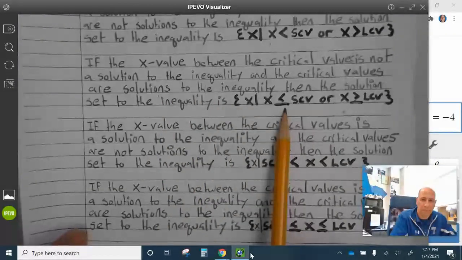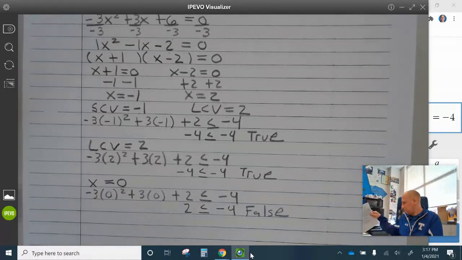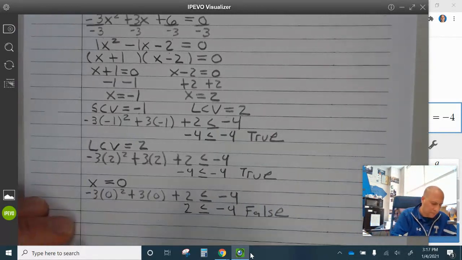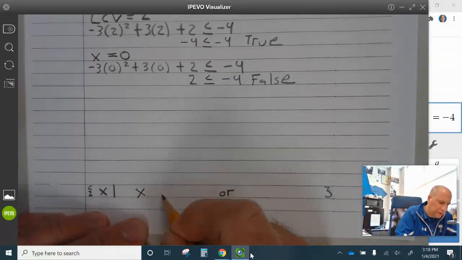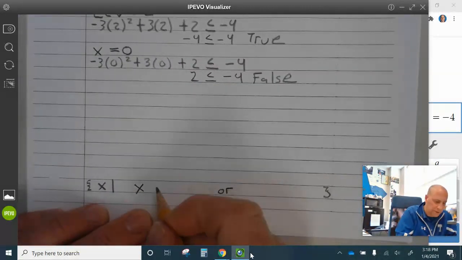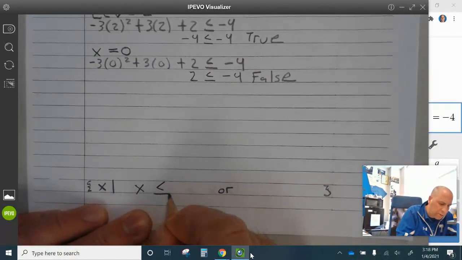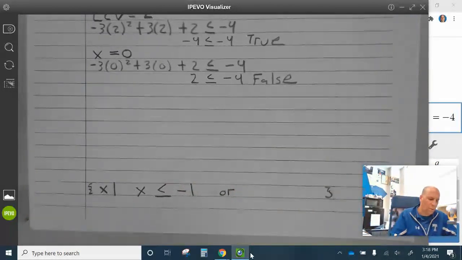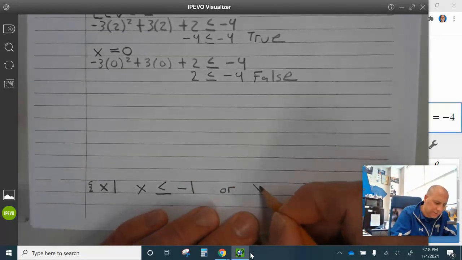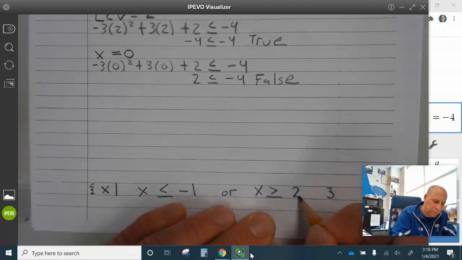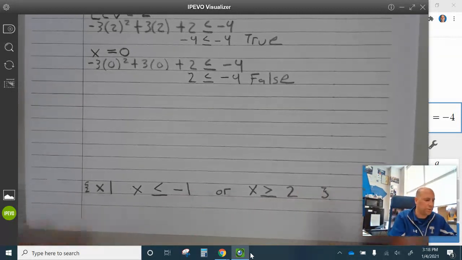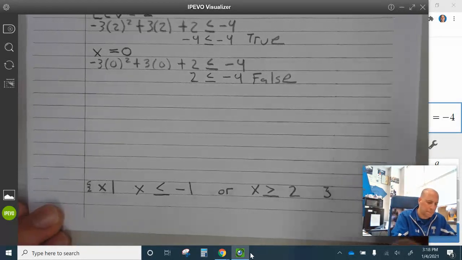Okay, all right, so x such that x is less than or equal to negative 1, or x is greater than or equal to 2. All right, go ahead and finish up example 2.